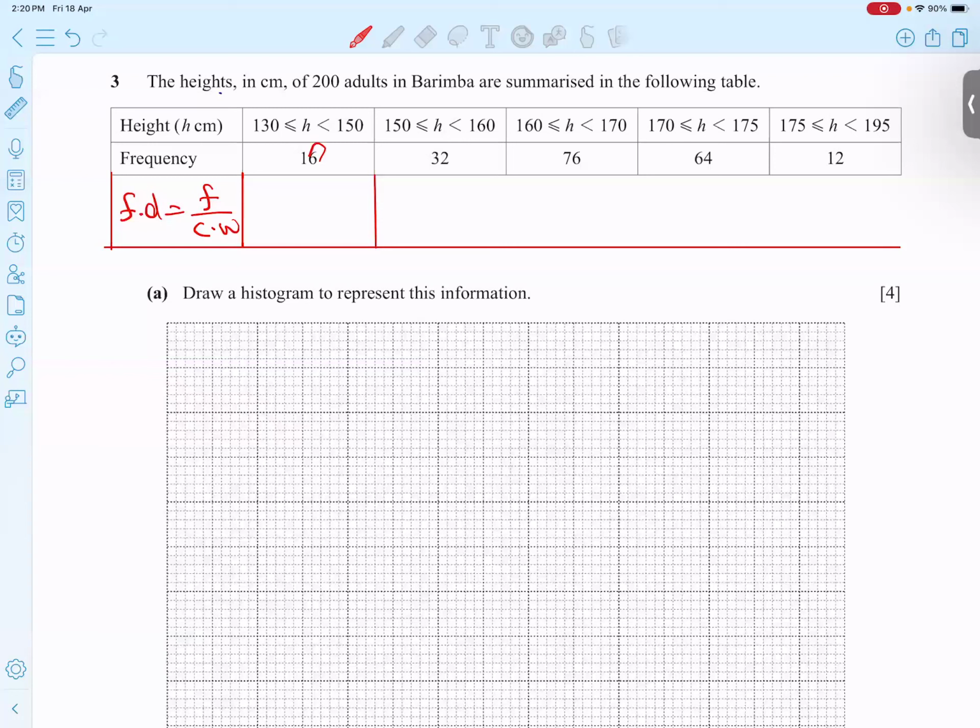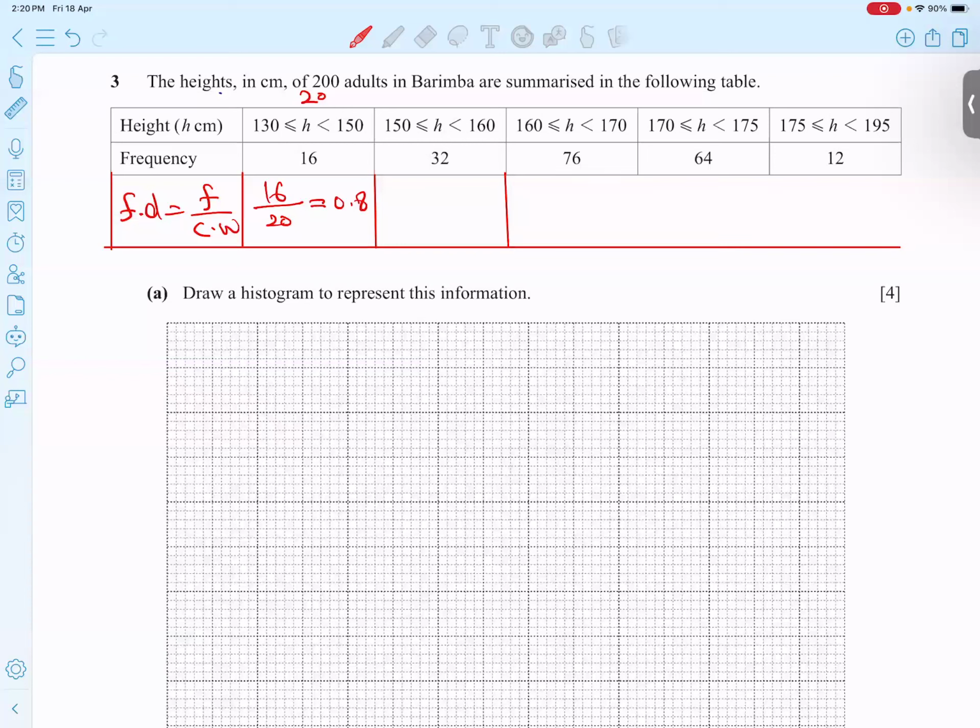Same way, I check the other number: 32 frequency, and the gap between them is 10. So when I divide by 10, I get 3.2. Same way, I go for the next one: 76 divided by the gap, which is again 10. So 7.6.